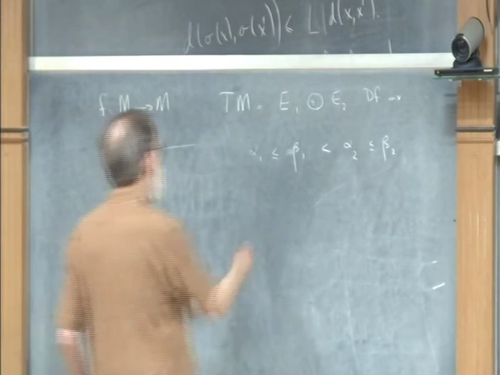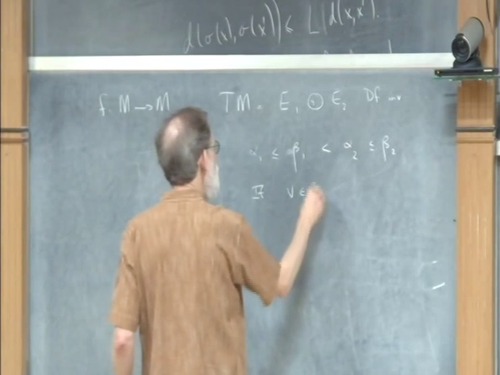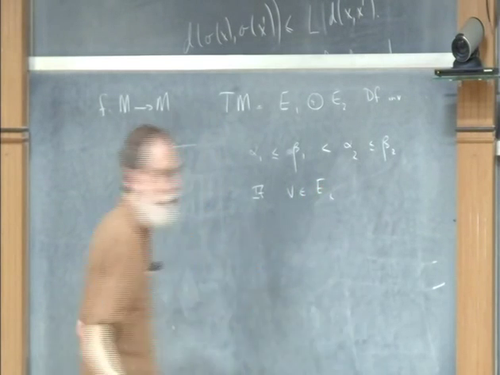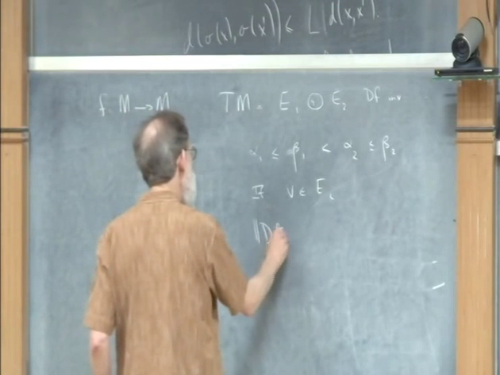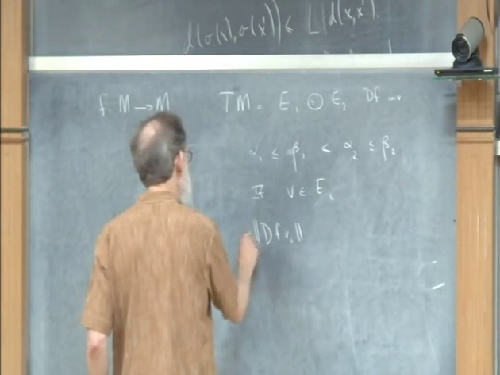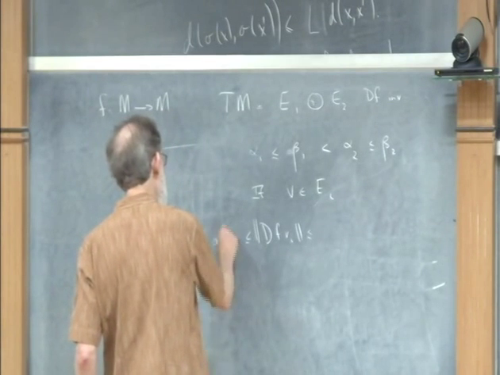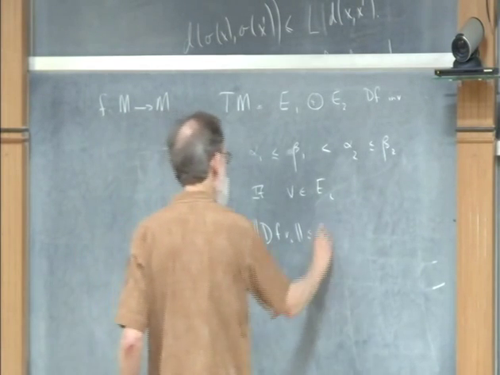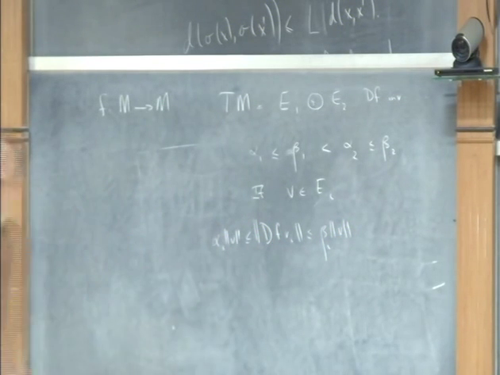And I know that if V is in Ei, then the norm of V is in between alpha i times the norm of V and beta i times the norm of V.